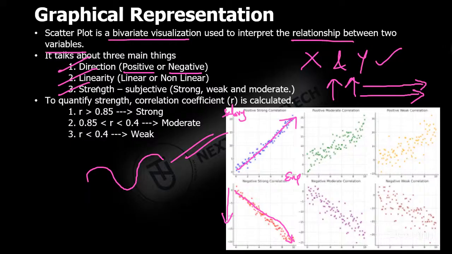And the third point that scatter plot discusses is strength. Strength is subjective in nature. What exactly strength represents is the distribution of the scatter between the variables: is it very close to each other or separated at a distance or very far from each other?